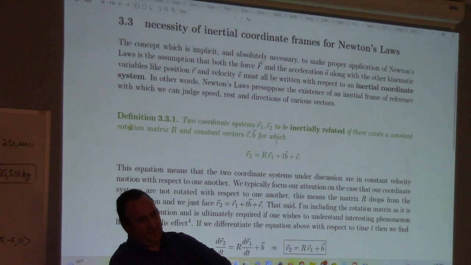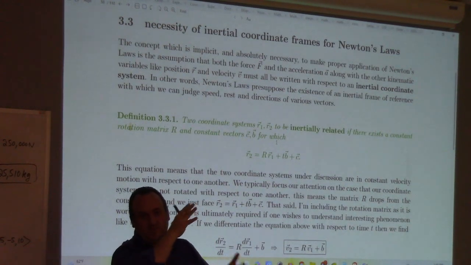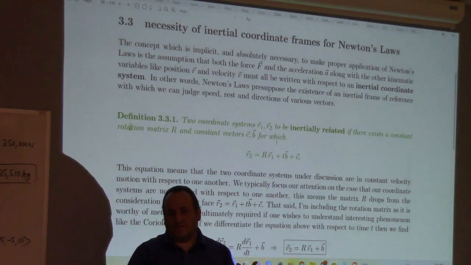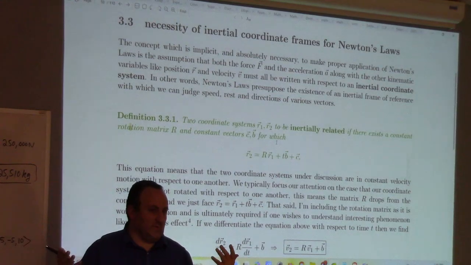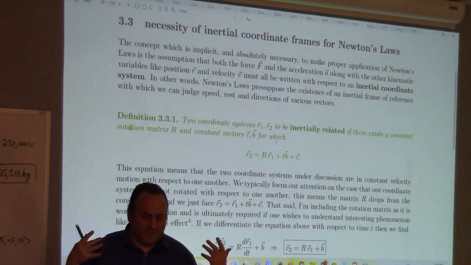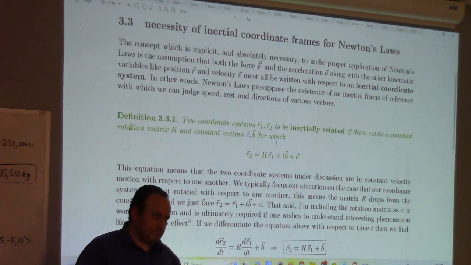We should be able to just do a fixed rotation of the axes. That should still define a coordinate system where the laws of physics can be written, right? So that's a freedom we would like to allow ourselves in describing what's an inertial coordinate system.